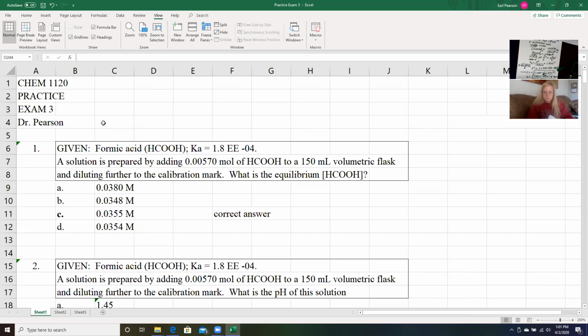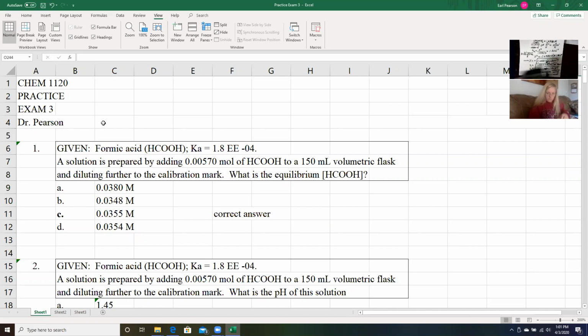Now, what did the problem ask me to do? Oh, this is the hydrogen ion concentration. So that's not the right answer. I'm glad I didn't put it up there. I would have been suckered in. The answer I want is 0.038 minus X for the HCOOH concentration. So the HCOOH concentration is equal to 0.038 minus 0.00253.